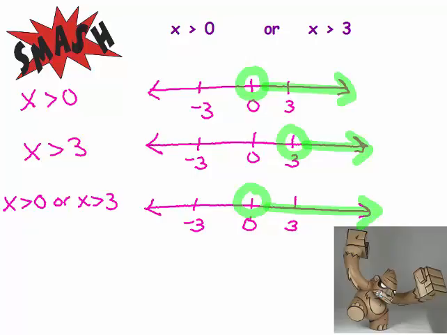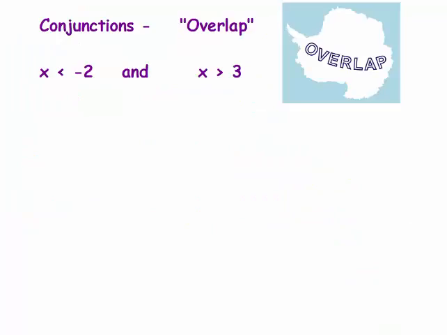Again, the first one is the most typical one where it's going in opposite directions, but you can have these other two cases. Now we're going to get into conjunctions. And the key word for conjunctions is where the graphs are overlapping. Where are both parts being shaded? And the part where they're both being shaded is your solution. We're going to do the same thing we did with disjunctions. We're going to set up our three graphs. So I have my x is less than -2.